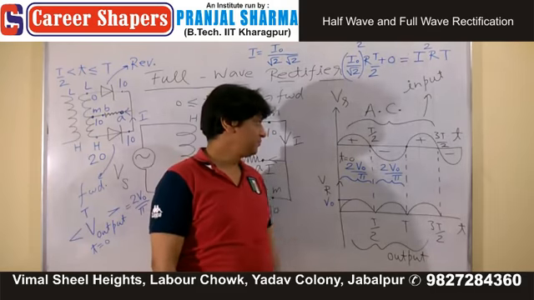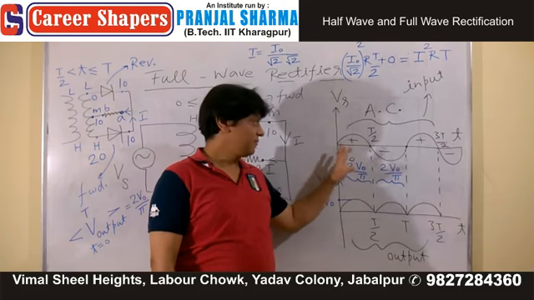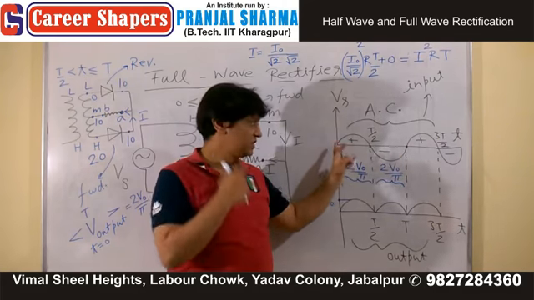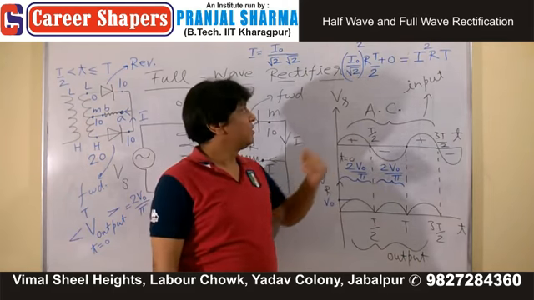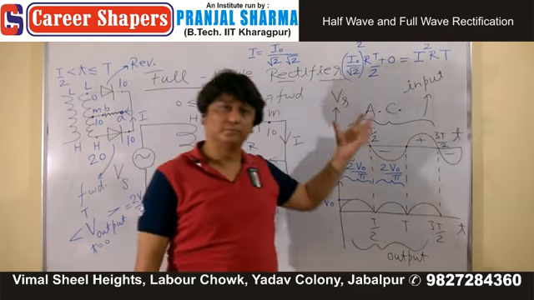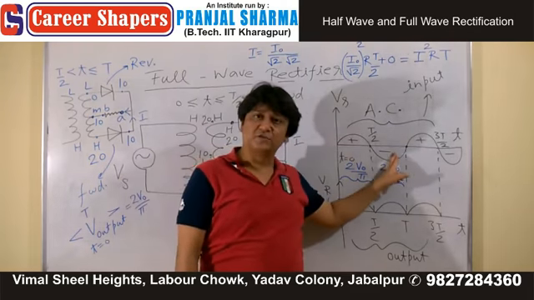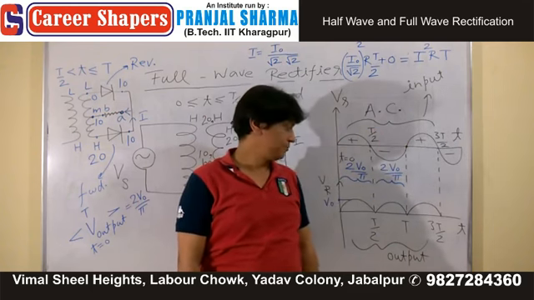And RMS is very easy. Why is it easy? What is the RMS of this part? If your output signal was in this form, having a peak value of V0, then you would say that your RMS is V0 by root 2. For a signal like this, RMS is V0 divided by root 2.